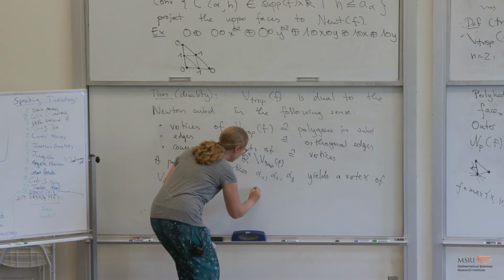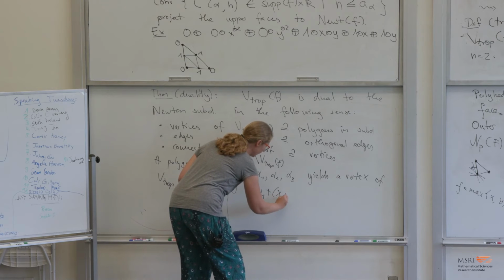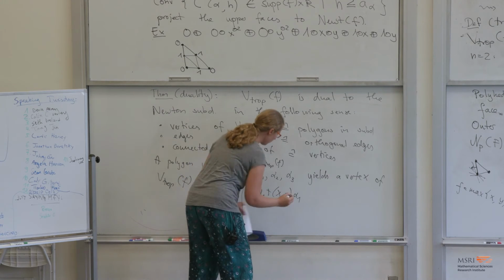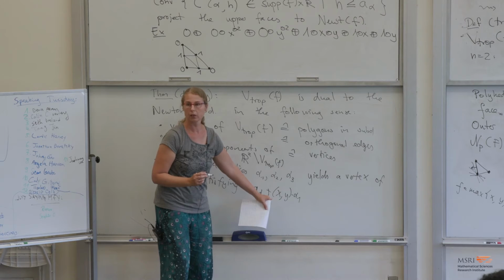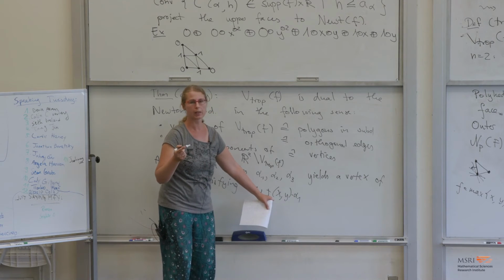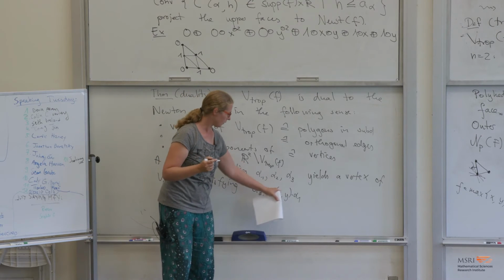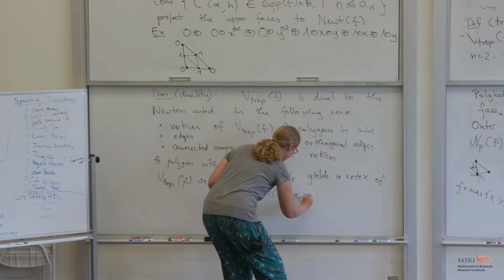I need A alpha 1 plus, well, let me just write xy times alpha 1. That should just be the Euclidean standard product. The alpha 1, remember that's a vector in N to the 2, right? It has 2 coordinates, first for x, second for y.